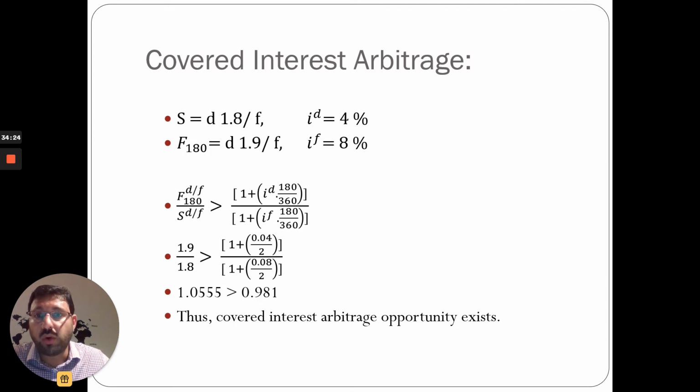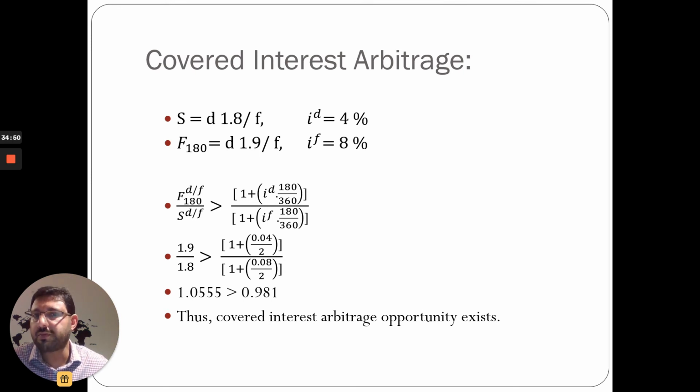So let's go ahead with this generic example. There is a D currency and there is an F currency. I'm just making something generic because you might have questions with a specific currency, so I'm giving the example in generic terms. The interest rate in the country where there is a D currency is 4%, and where there is an F currency, it's 8%. So we can see that there is a difference.